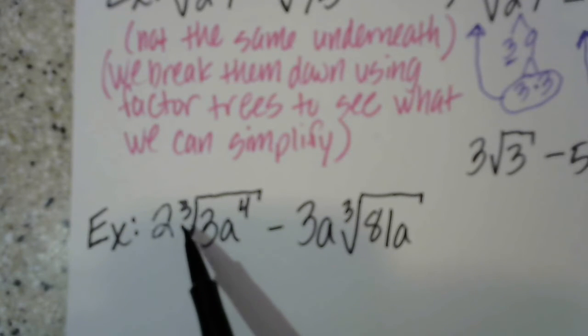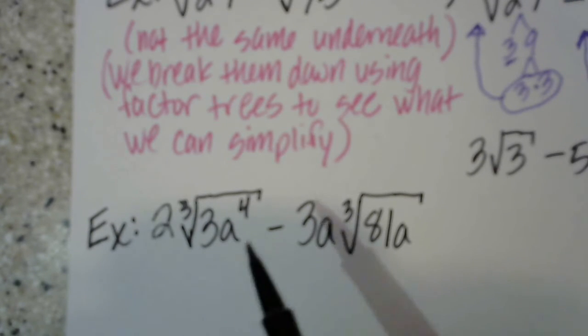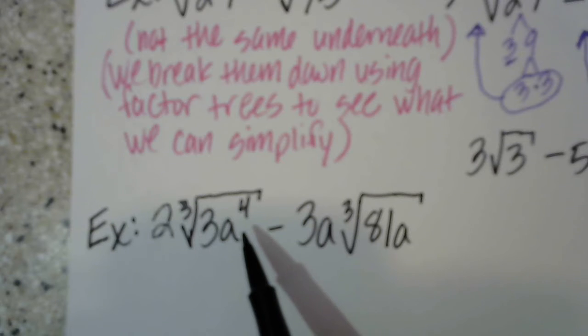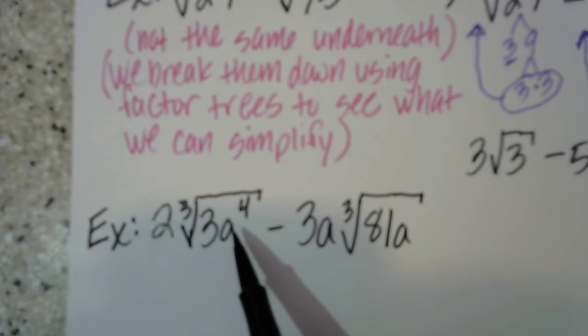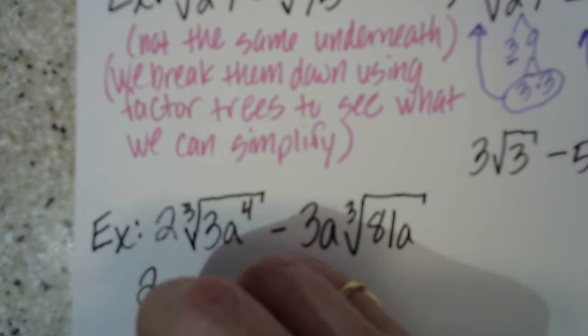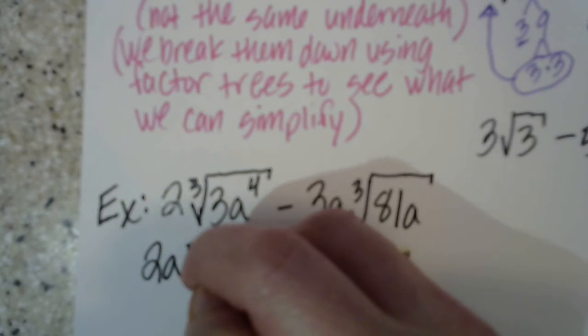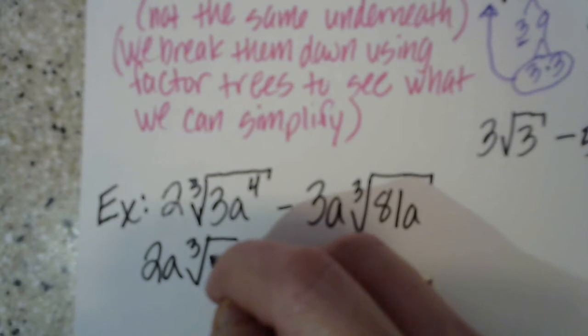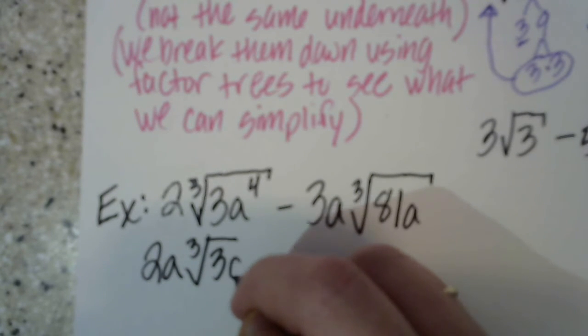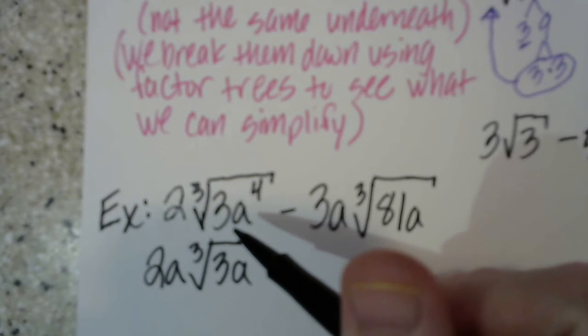I know I need groups of 3. Well, I can't do anything with this 3 by itself, but I do have 4 a's. So I can take an a out, and that will give me 2a on the outside, cube root of 3, and there's 1a left over, right?